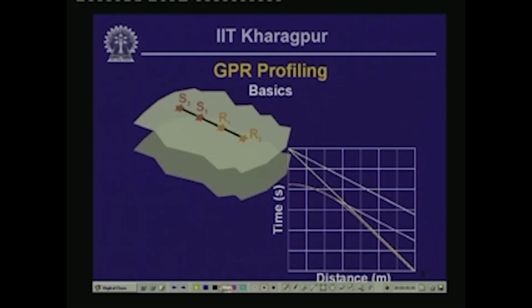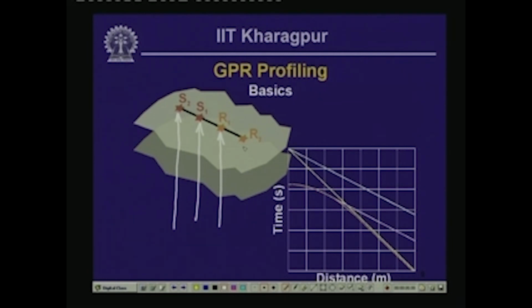Basically we use a source and a detector to find out what is the radar signature of the subsurface layers, and then we alter the location.